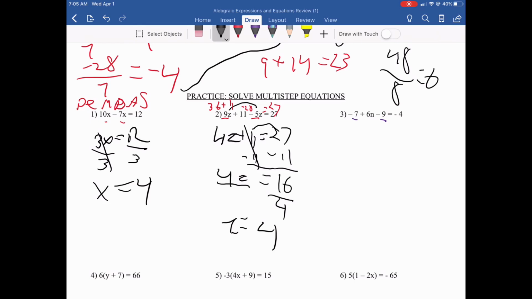So I have negative 16 plus 6n. Question, doesn't matter where it goes, as long as you keep your signs right, it doesn't. Because negative 16 plus 6n is the same as 6n minus 16. Because we're still solving for the variable.